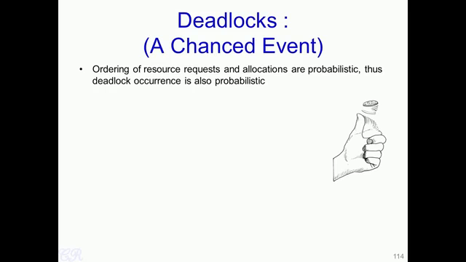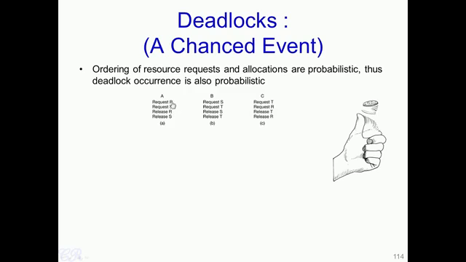Let us say we have three processes in the system, A, B and C, and there are three resources as well, R, S and T. Each process could request and release resources at some time during its execution.